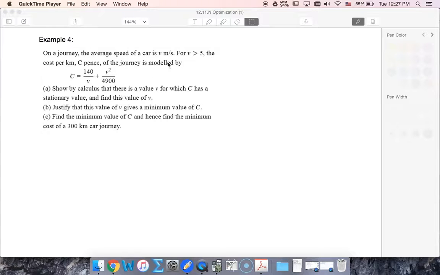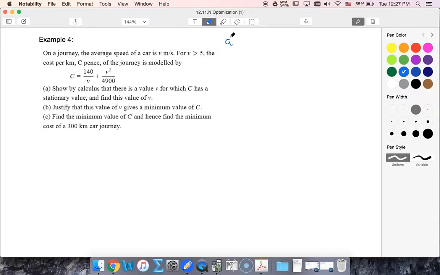So stationary values, remember, we have a stationary point when our derivative, so in this case dC/dV, is 0. So let's start by finding dC/dV.